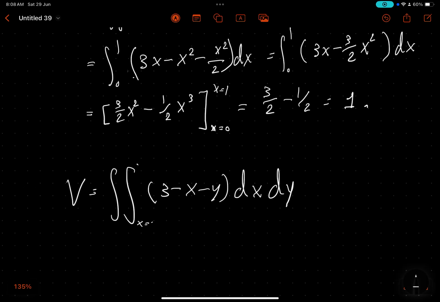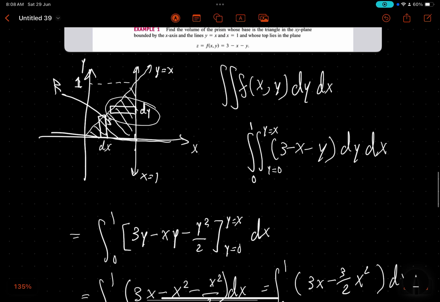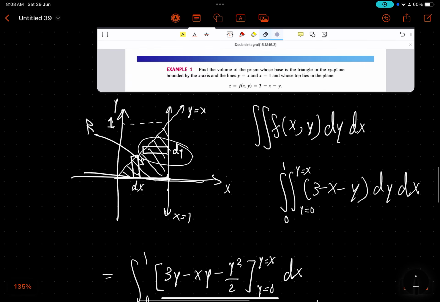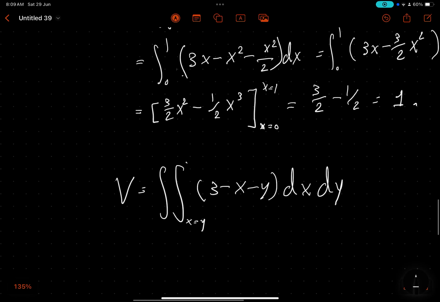So x equals y is going to be the lower limit, since it's the region that's lower. And the other boundary, x equals 1, is going to be the upper part.